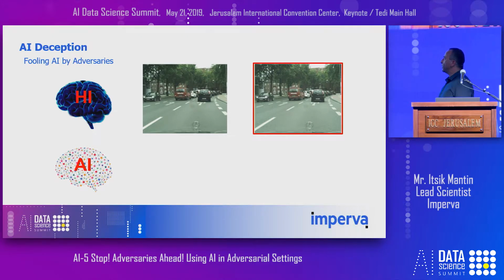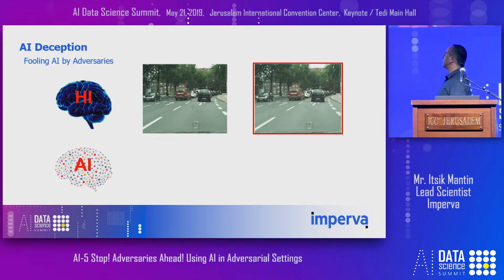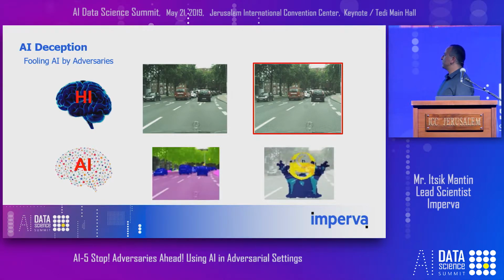Look at these two images. For the human intelligence engine, aka our brain, they look totally identical. For the AI engine, it sees something completely different in both of them. In the left image, it can make a good separation of the cars from the trees, from the road.